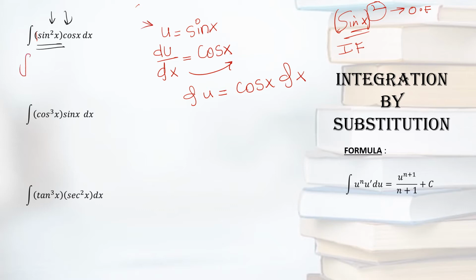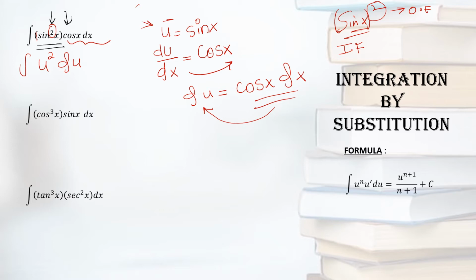So sine x you named as u, and this power 2 you will write over here. Cosine x dx changes into du because you found it out.